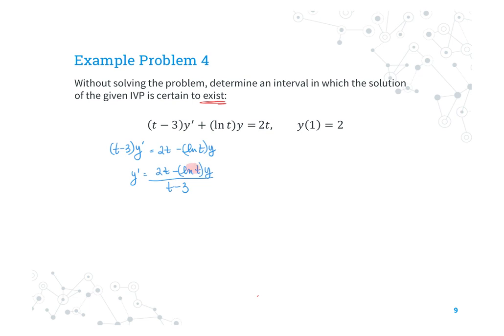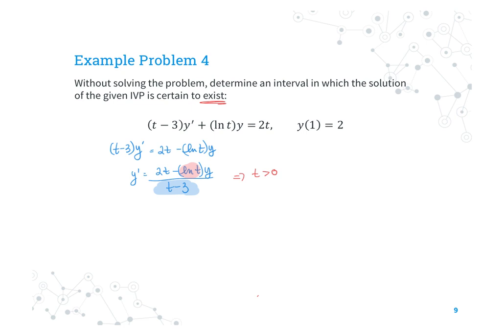First of all, we have to worry about this natural log of t. That implies here that t has to be greater than 0, because you can't take the natural log of a negative number, nor can you take the natural log of 0. The other point of discontinuity that we have to worry about is in the denominator. So we've got t minus 3.